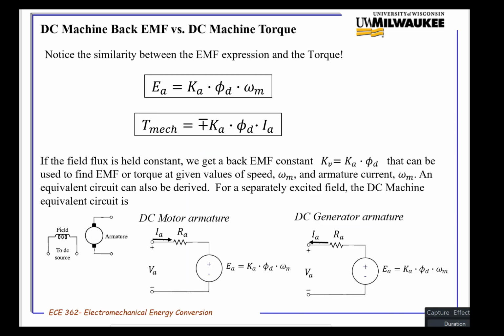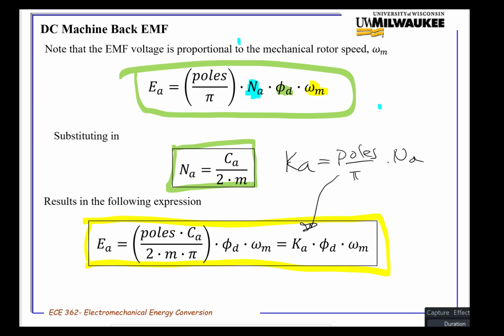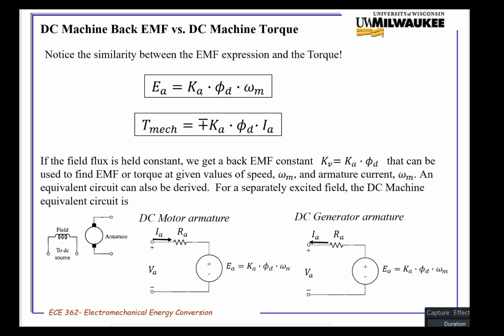So does anybody see something significant here? It's probably going to be in the next page. Before I go there, does anybody have an aha that comes out to them? No? Okay, I'll go to the next page. Here's your expression for voltage, back EMF. Ka times phi d times the speed gives you voltage.